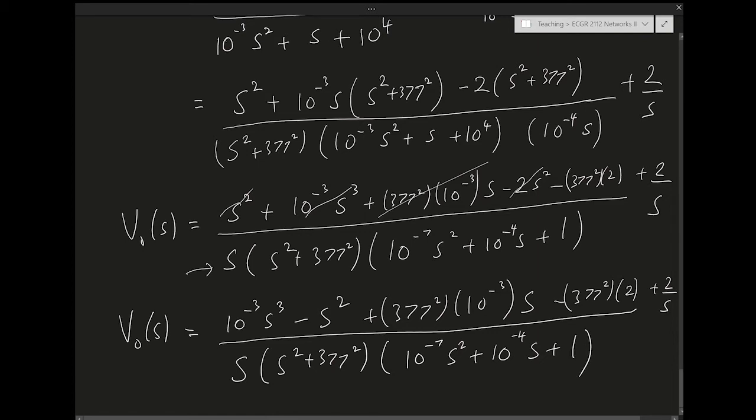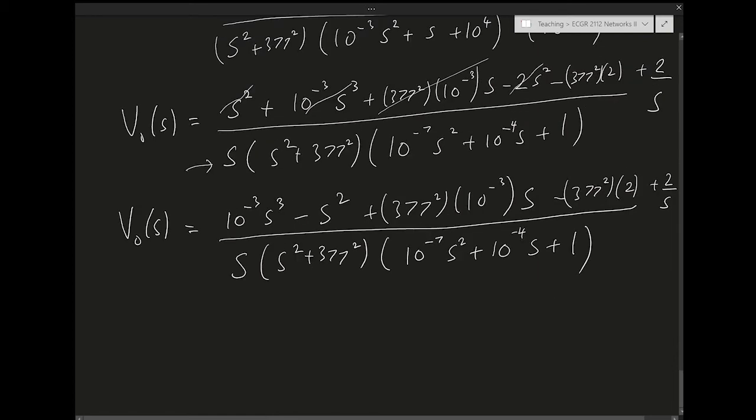Okay, this would be VOS in the S domain, and all that remains now is finding VOT in the time domain by taking the inverse Laplace transform of this expression, right? I'm not saying it's an easy thing to do.